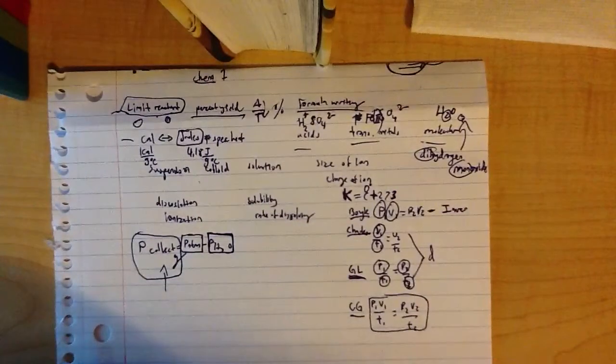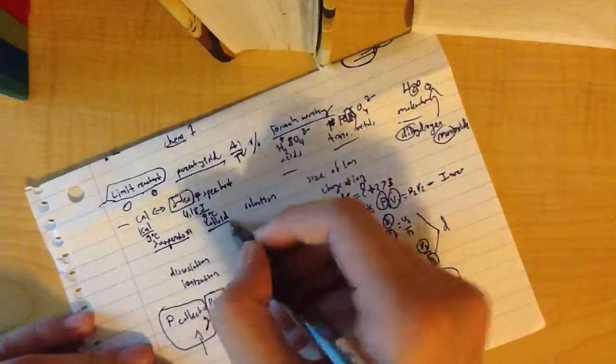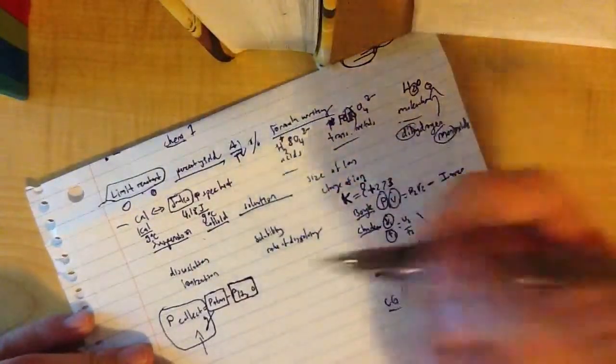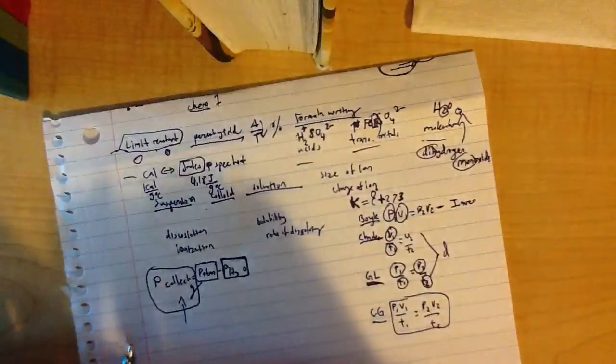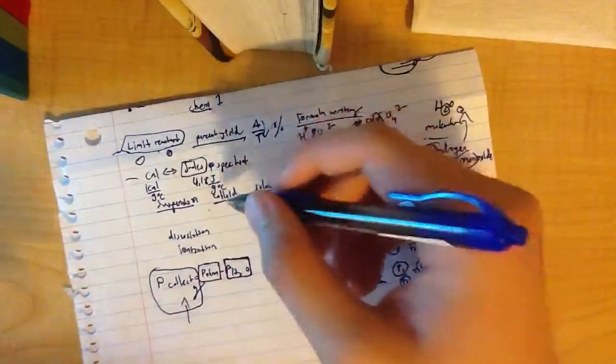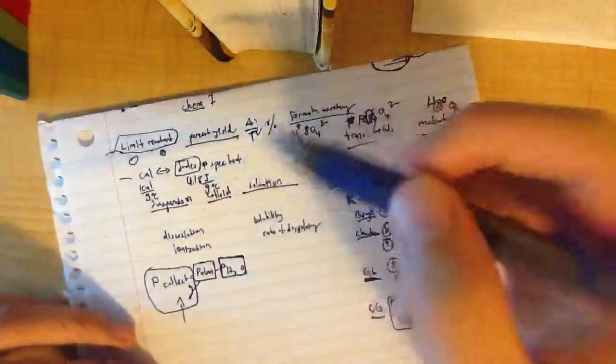And then after that is done, we get to solutions, and in solutions we have what we call a suspension, colloid, and obviously solution. So what are the differences? There are many differences, but basically a solution cannot be separated. Colloid cannot be filtered either, and suspension can.